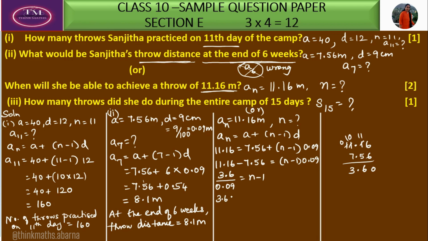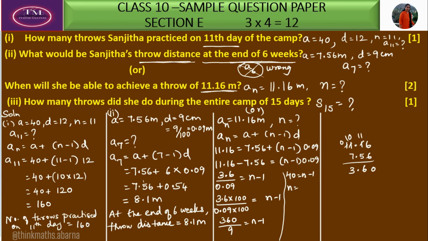So 3.6 into 100 divided by 0.09 into 100 equal to n minus 1. 3.6 into 100 is 360, divided by 9 equal to n minus 1. Now 360 divided by 9 is 40. So 40 is equal to n minus 1.